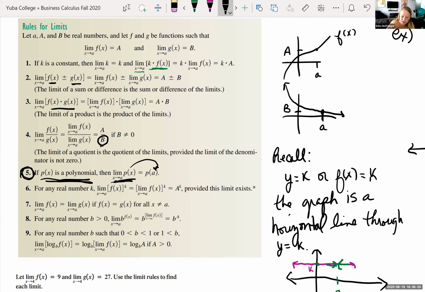And then let's put a star by this one too. Some of the times when we are doing these limits and we go in and plug in a number for x and simplify it, you might get a particular form that doesn't tell us anything. So for instance, if you got 0 divided by 0, this is an indeterminate form.